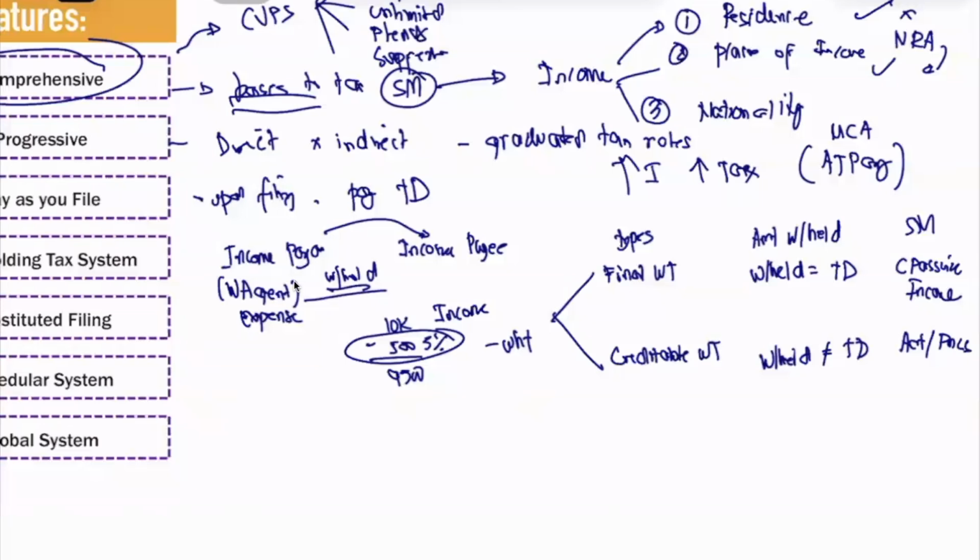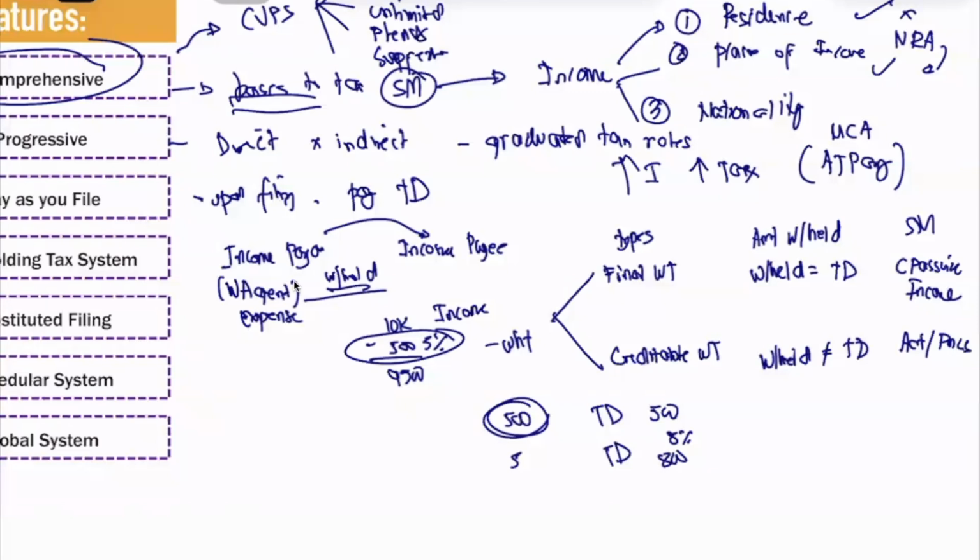Sir, what do we mean by withheld is equal to your tax due? So let's say, for example, the amount withheld here is 500, right? If ever the tax due really is only 500, then you do not need to file anymore. But in creditable withholding tax, let's say the real tax due here is, since you elect 8%, it is 800.